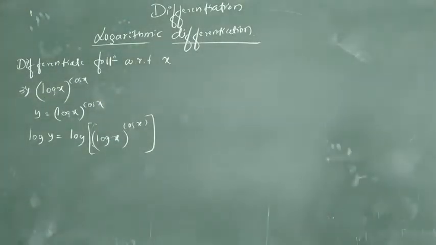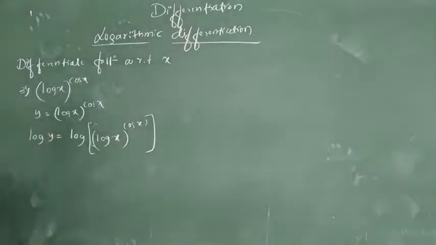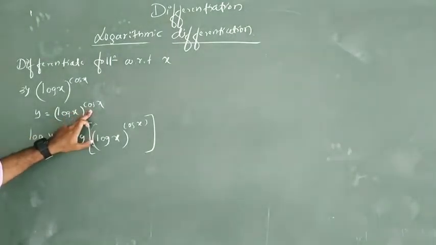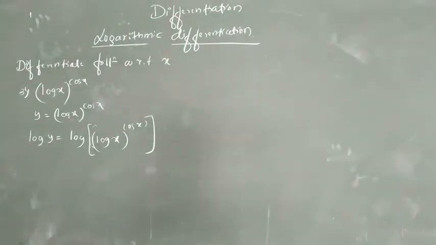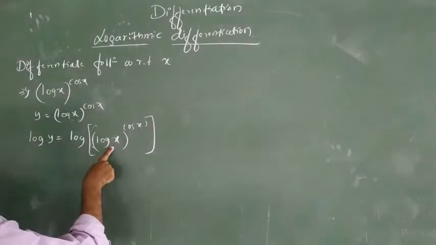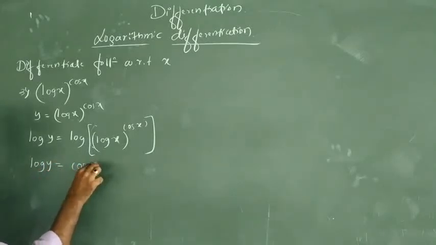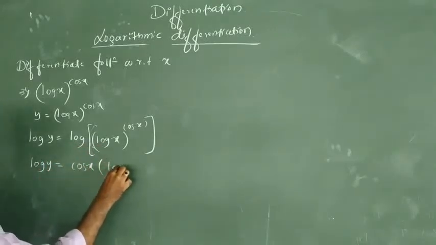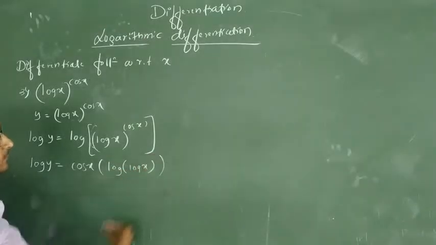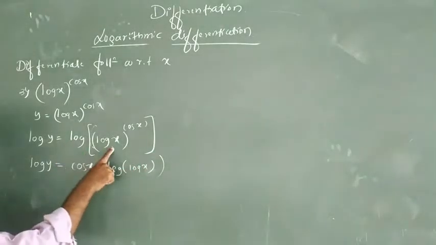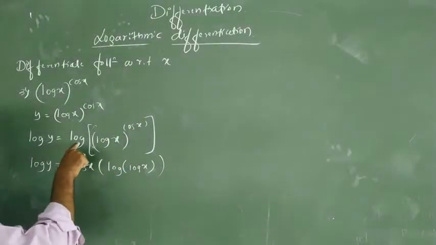We apply log of m raised to n first. Here we have it in the form of log of m raised to n. It means log y is equal to what? Cos x, then log of log x. Log of m raised to n is n log of m.